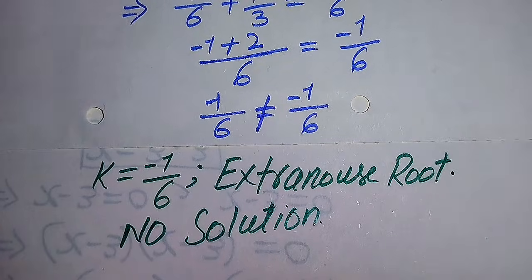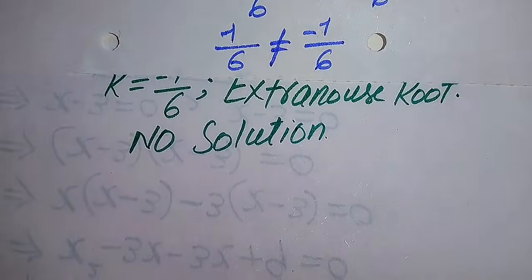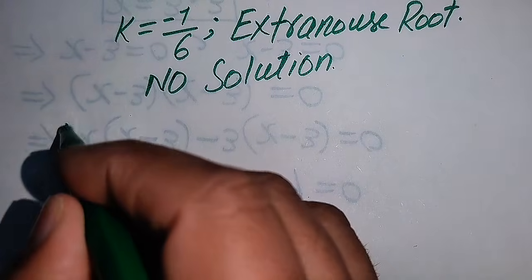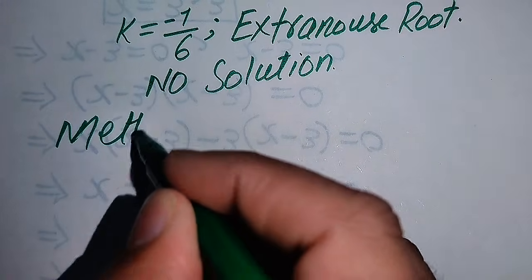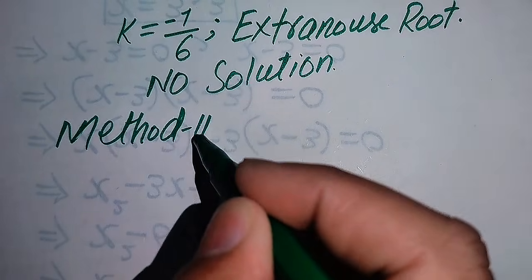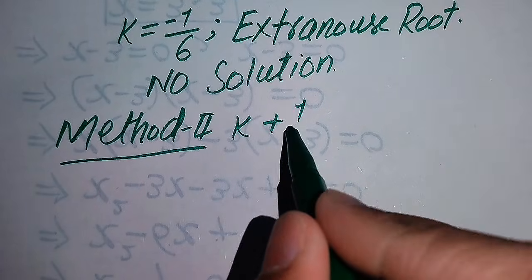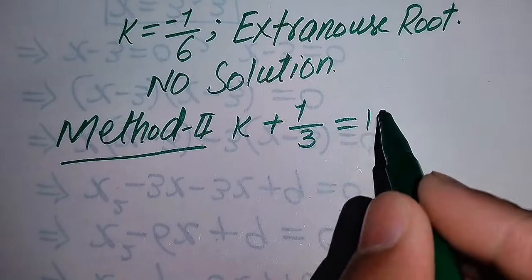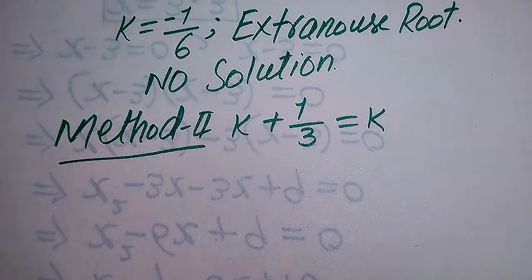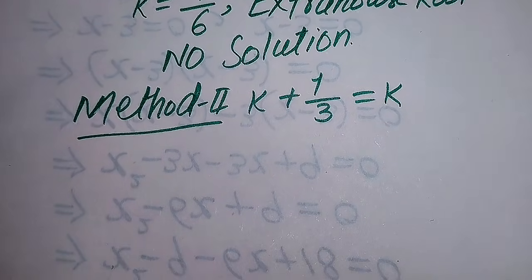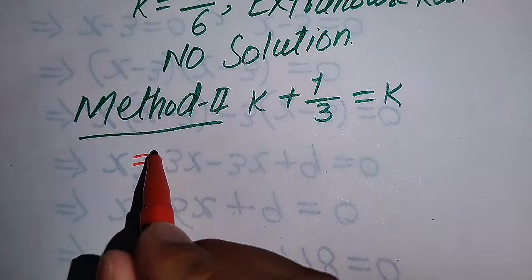This is the final answer of this question from the first method, and now we solve this problem again with the second method. In the second method we copy down the given question statement, which is k plus 1 over 3 is equal to k. Our second method is the straightforward method, and here we directly tell the solution set of this problem.